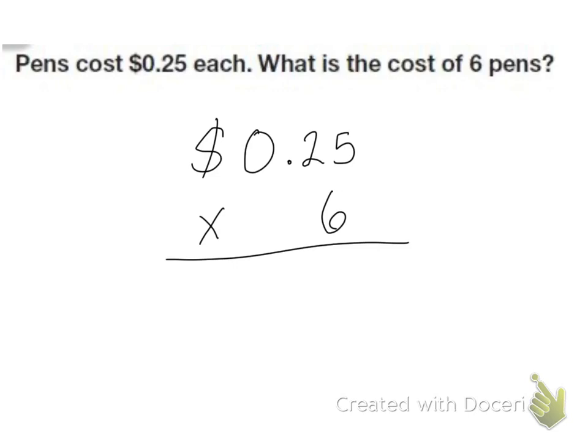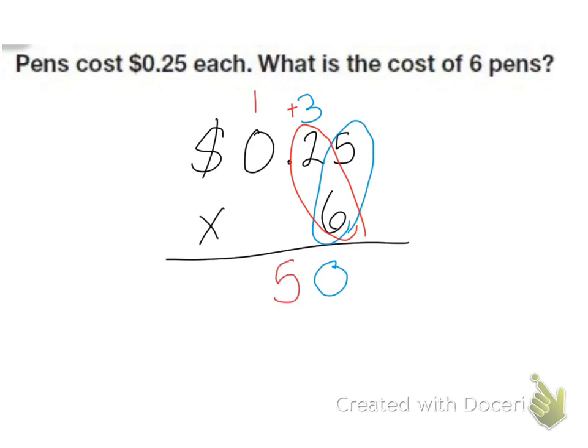Okay, so we're going to do 6 times 5. So 6 times 5 is 30. I carry my 3. Then I do 6 times 2 is 12, plus 3 is 15. Carry my 5. And then I do 6 times 0 is 0, plus 1 is 1.